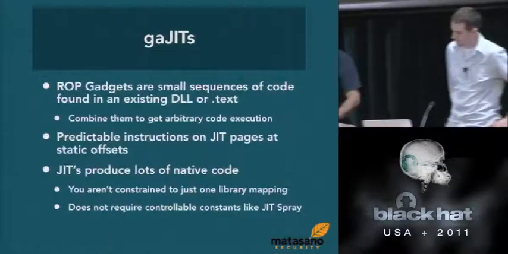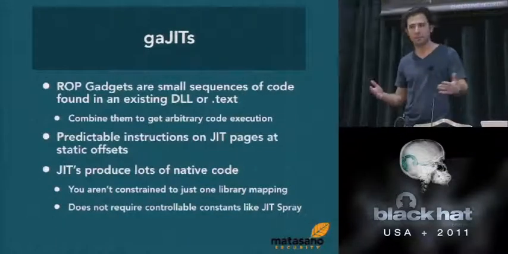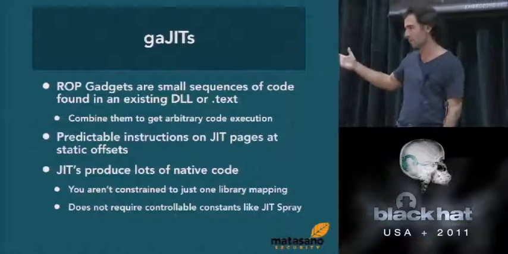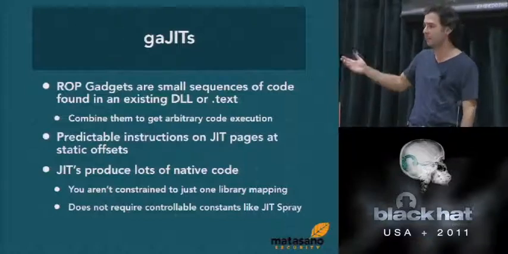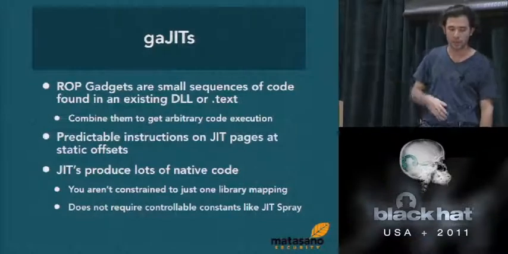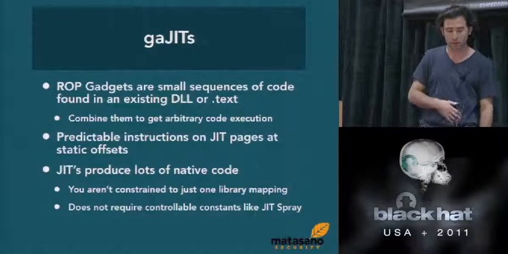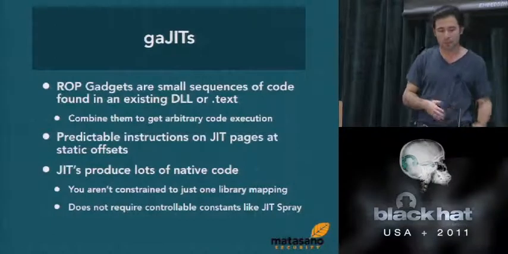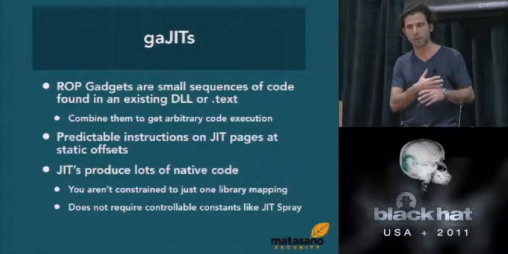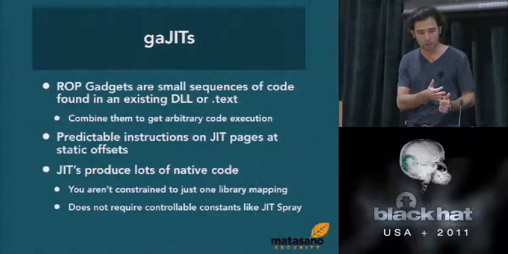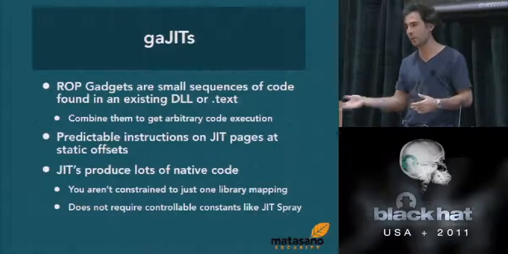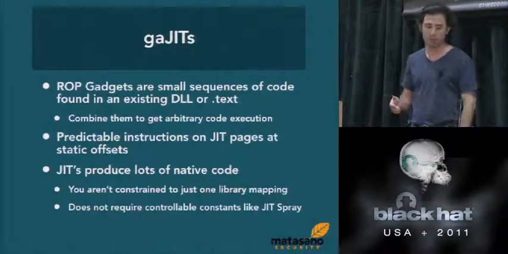So, speaking of ROP, ROP gadgets are small pieces of code that you can borrow from already executable and already mapped pages to bounce across and start loading your second stage shellcode into. But this, for the most part, needs predictable addresses in already loaded pages that have been loaded as the process is running.